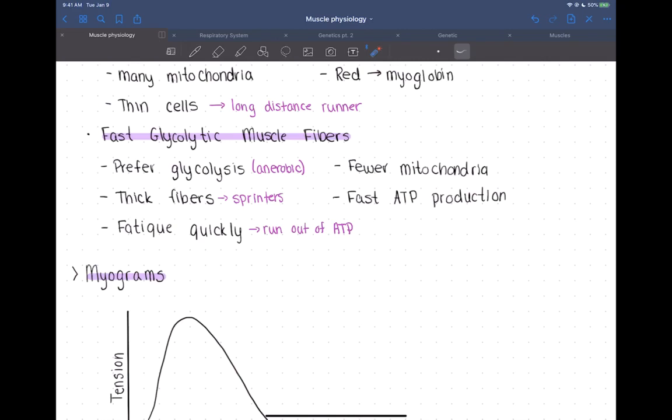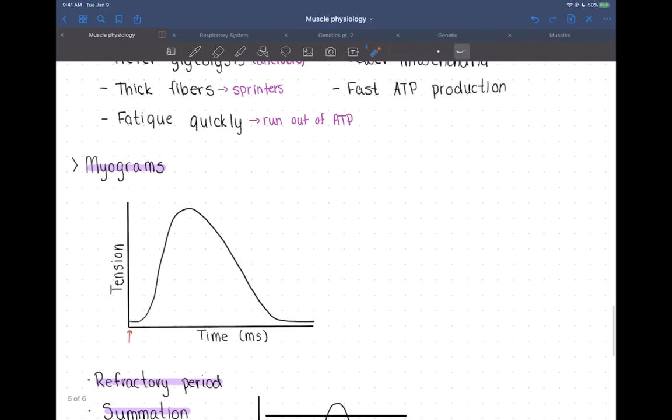Now let's look at the activity of muscle cells, the actual contraction of muscle cells. We use a myogram to measure changes in tension in a muscle cell.